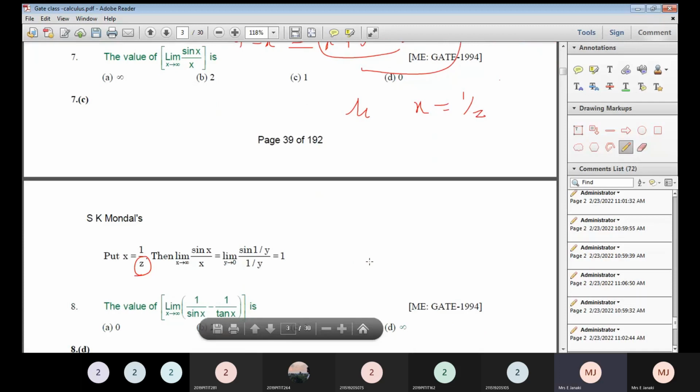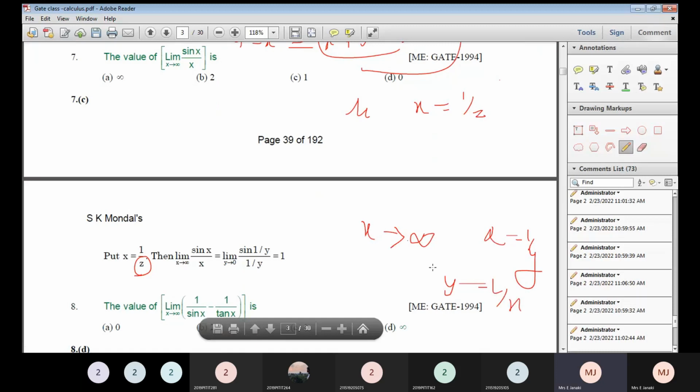Whenever x tends to infinity, if I am replacing x is equal to 1 by y, what about the y value? So y is equal to 1 by x. Now substitute x tends to infinity here. Y tends to 0, because y is equal to 1 by x.